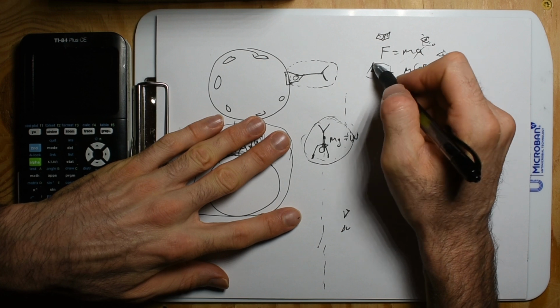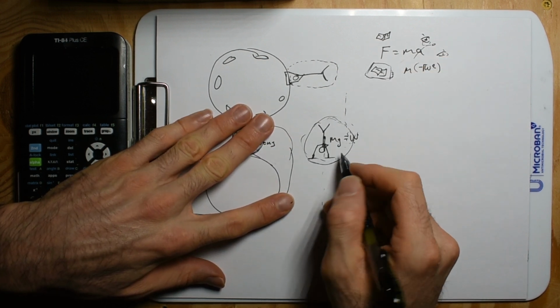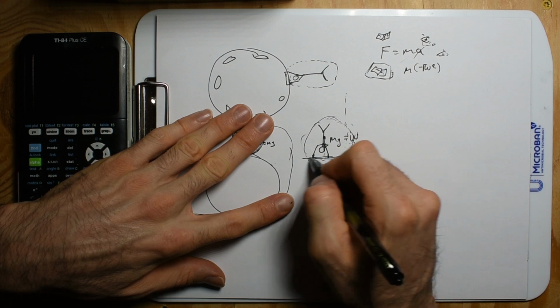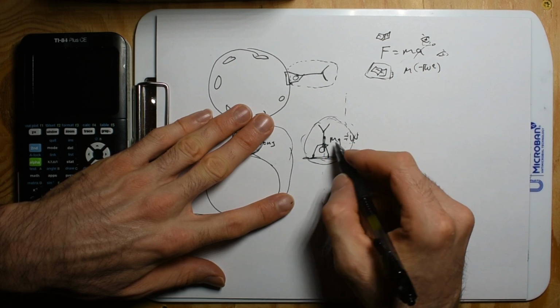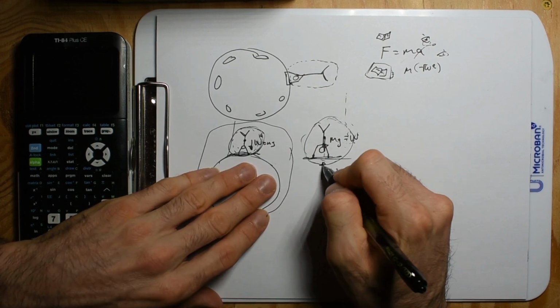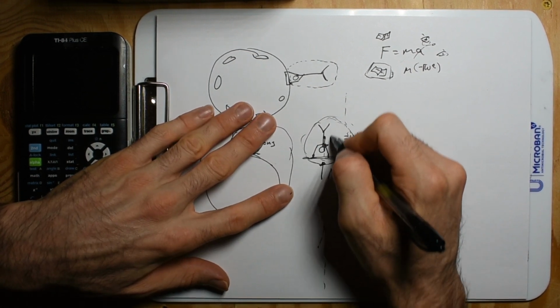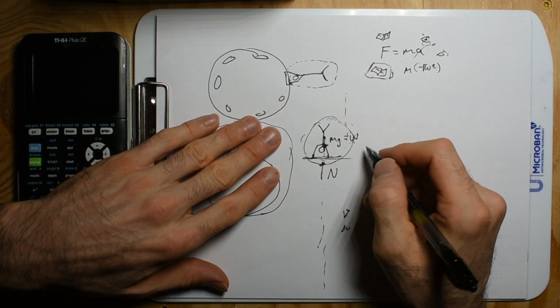But these forces are mg, but we also know you do get a normal force anytime you're touching a surface. If you're touching a surface that you just cut away from, you will have a normal force normal to that. Okay, so we have the normal force up, and then mg down.